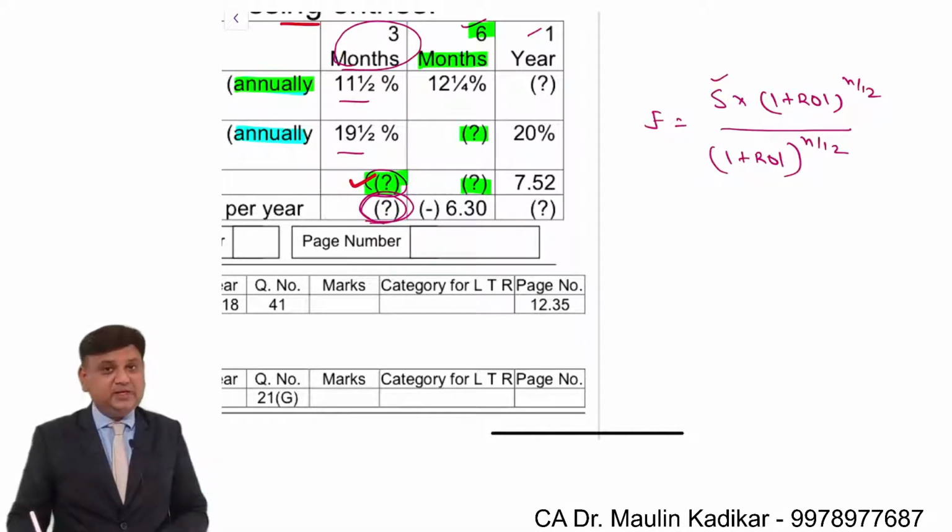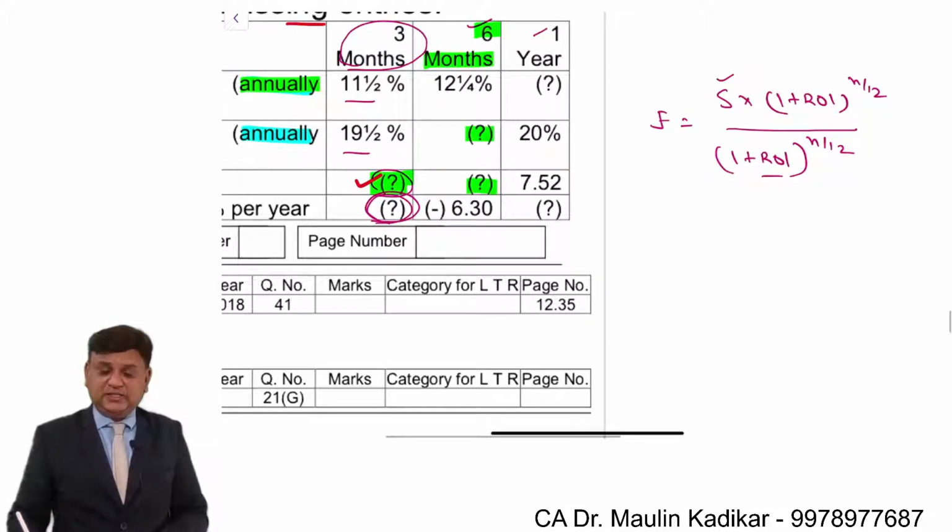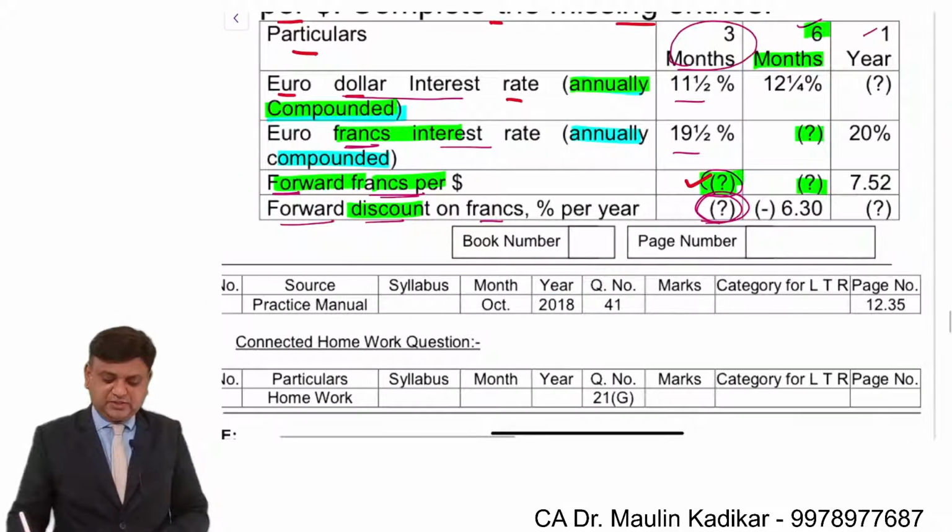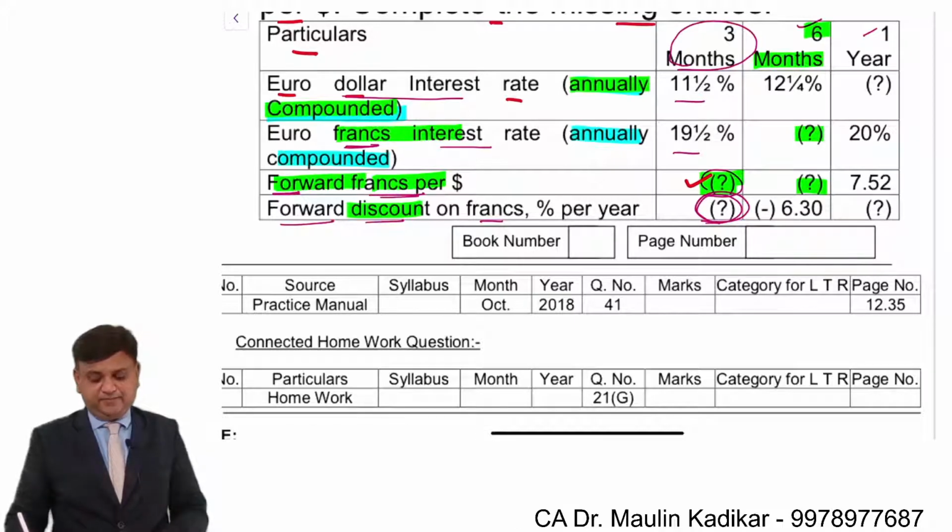Do we have spot? Yes. Do we have the rate of interest for dollar currency? Yes. However, we do not have the forward exchange rate, so we cannot compute the rate of interest for French franc currency.